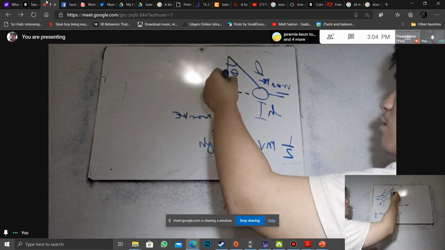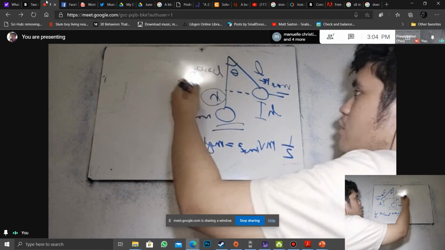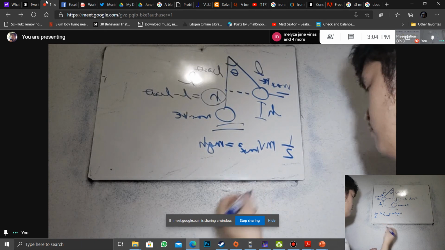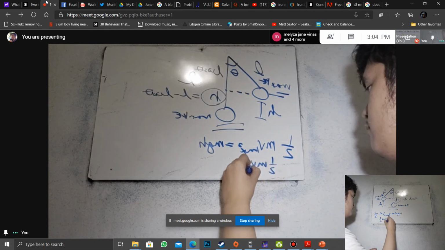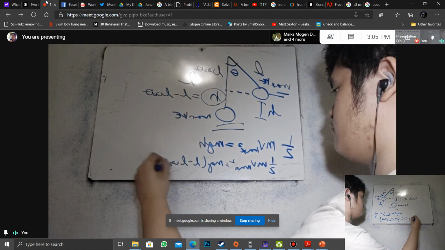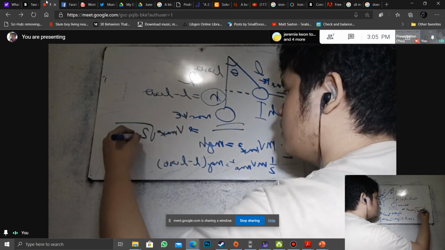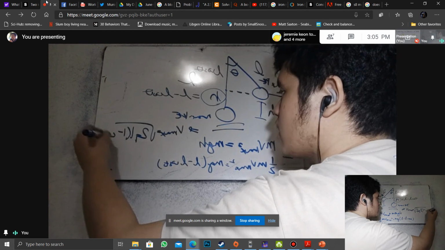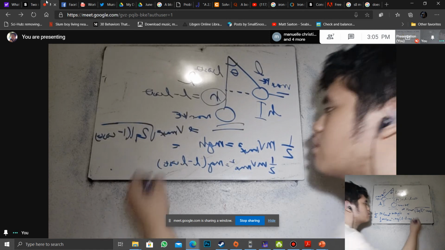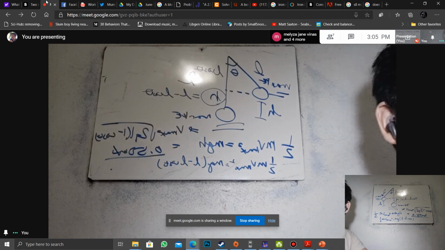This one is L, and this is L cosine theta, so h is L minus L cosine theta. You got this already in our lecture. Vmax equals the square root of 2gL(1 minus cosine theta). Substitute theta equals 10 degrees, and you will get 0.5 meters per second. Okay.